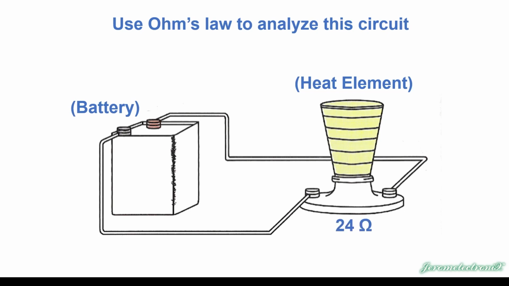Let's say this heating element provides 24 ohms of resistance. We don't know the voltage of the battery, but we do know that there are 5 amps running through this thing. Well, if you use Ohm's law, you can figure out what the total voltage is.